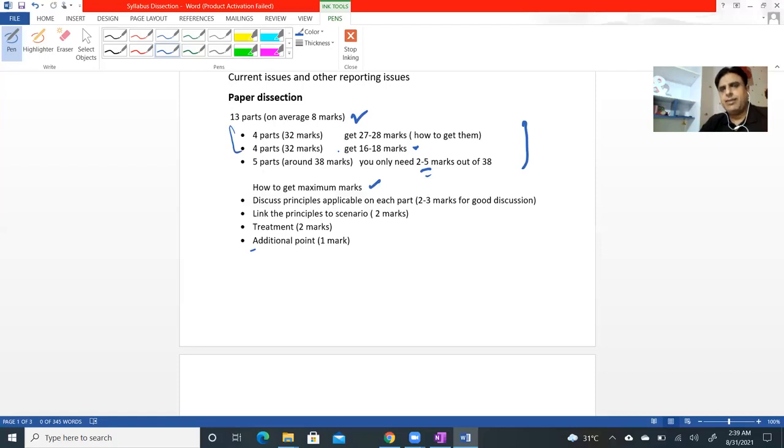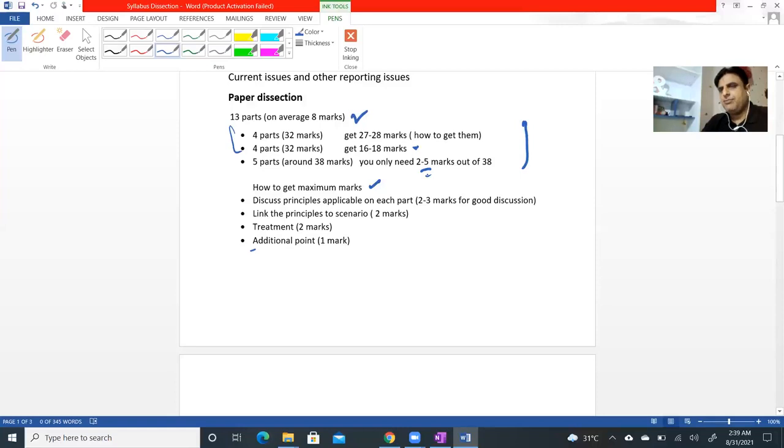purely discussion. So if I dissect an 8 marks part into different sections, first of all, you have to identify which principle is relevant here. For example, if you read the scenario and you perceive that it is related to IAS 38 intangibles, then definitely discuss the principle, discuss some parts of IAS 38, and if you discuss it well, you will be able to get 2 to 3 marks.